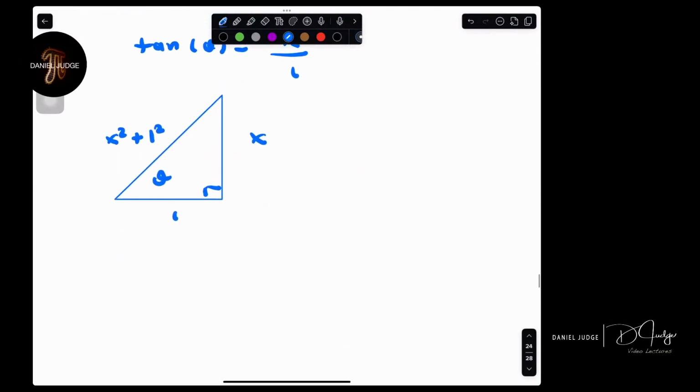Well, let's see. Hold on. Let's remember, what is this? Triangle squared plus c squared equals x squared plus 1. Yeah, it would be the square root of x squared plus 1.